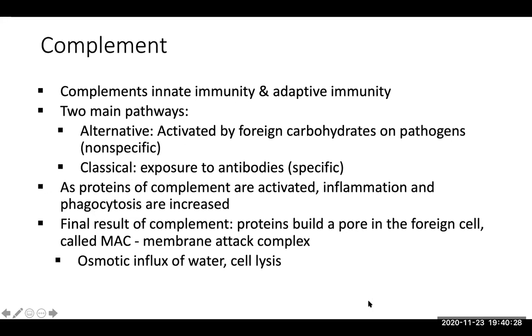Complement system, as I mentioned at the beginning, it's not really innate or adaptive, but we're including it in the innate immune system because you have these complement proteins that are always circulating in the bloodstream, and they can come into contact with pathogens or antibodies that are bound to a pathogen, and that can cleave the complement protein and start the cascade of cleaving these proteins and forming new products.